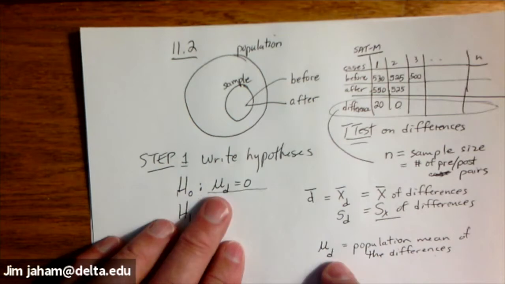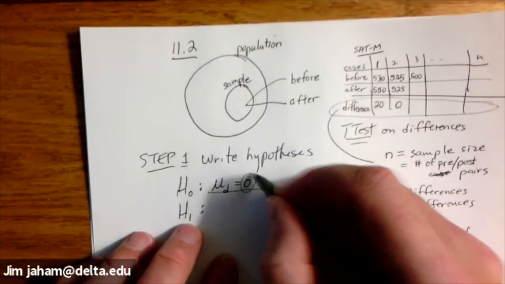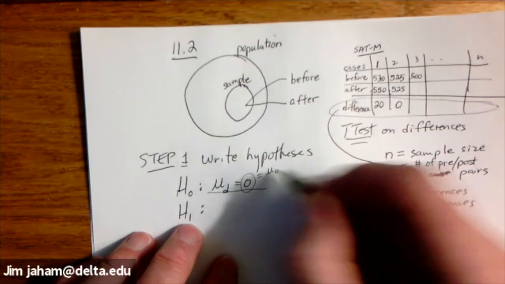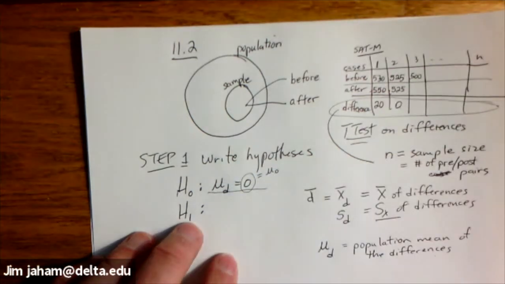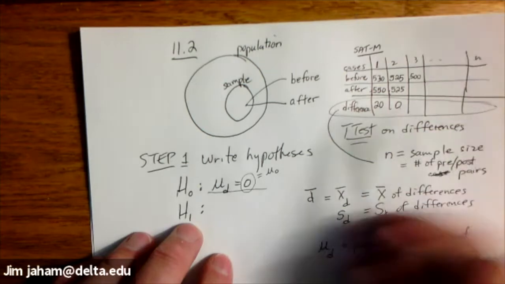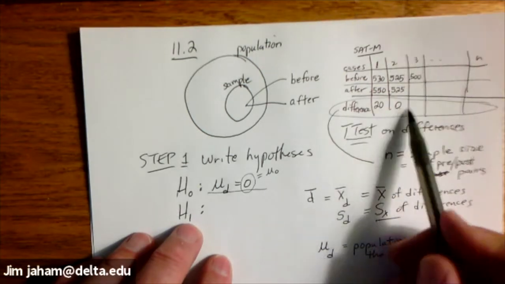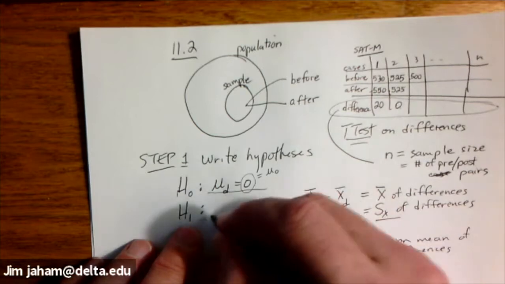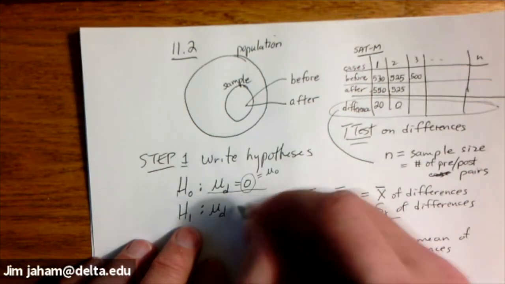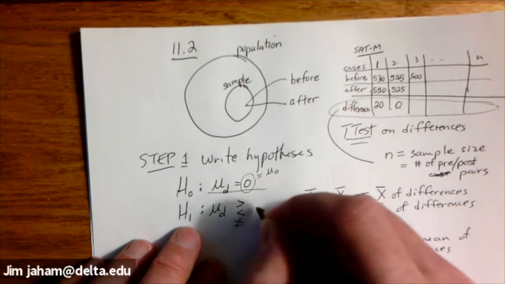So that's a new variable for you. Notice it's like this little value here is our mu sub 0 value. And it's just looking at one set of data. So we can use a t-test for that because these are numerical differences down here. The alternative is going to be greater than or less than or not equal to, just as before.